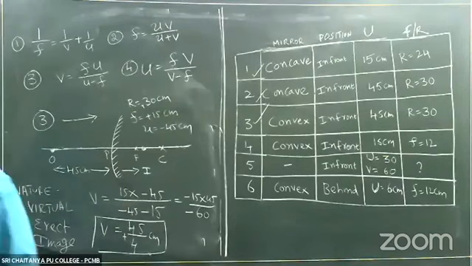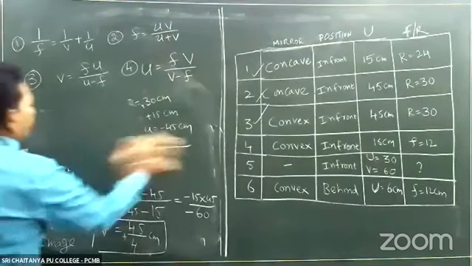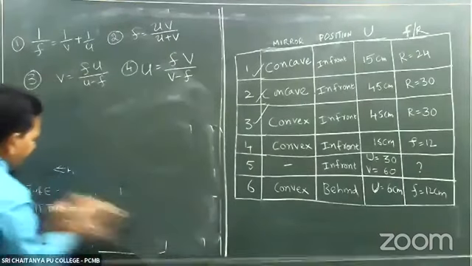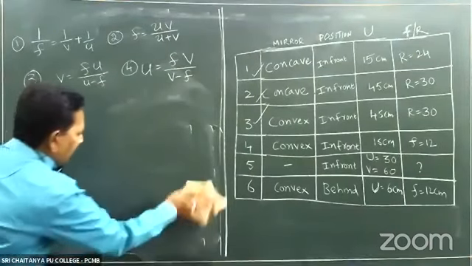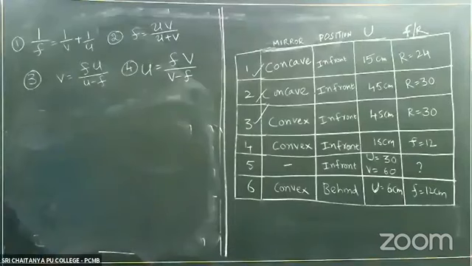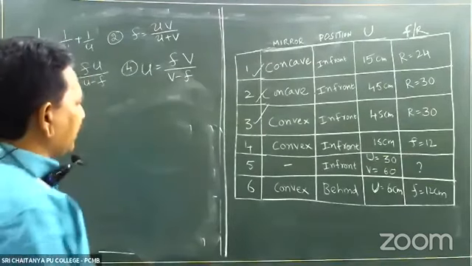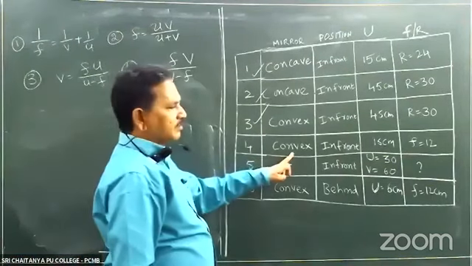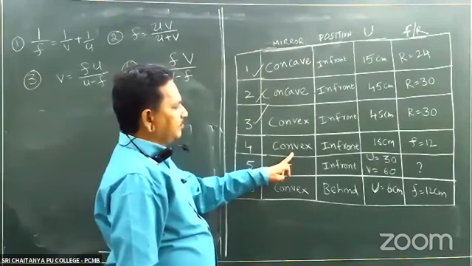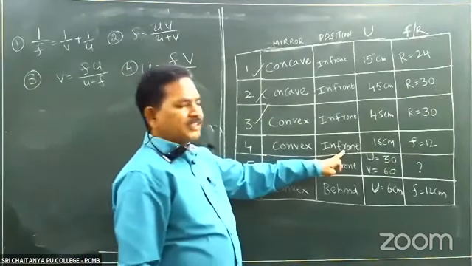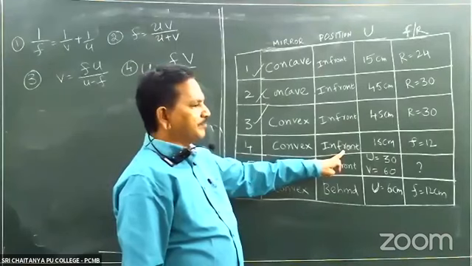Now, going to the fourth problem. Problem number 4, on mirror. What is this mirror? Convex mirror. The object is kept in front of the mirror.